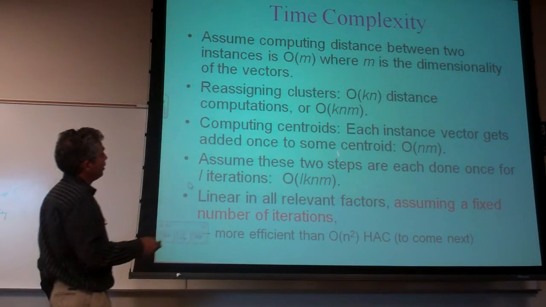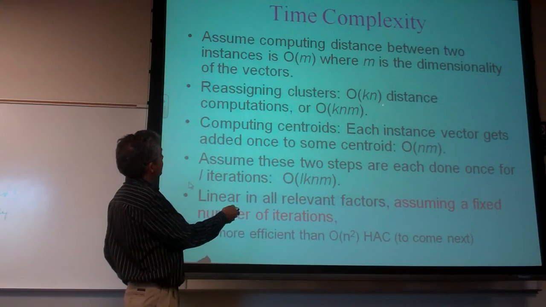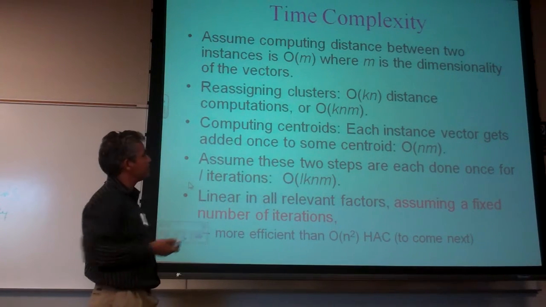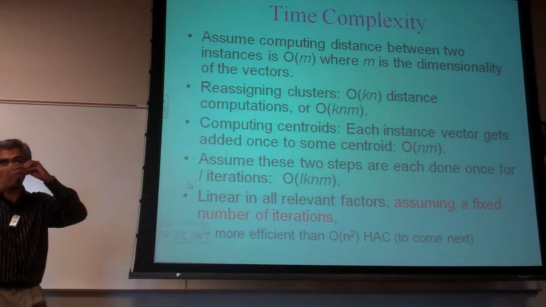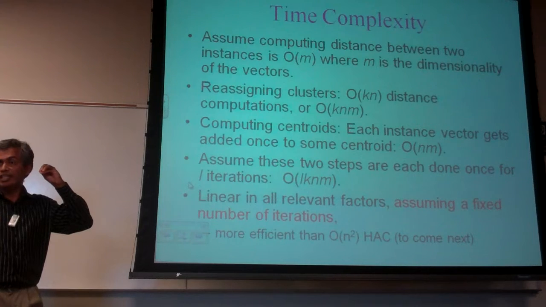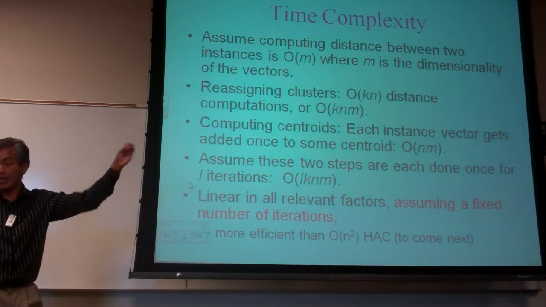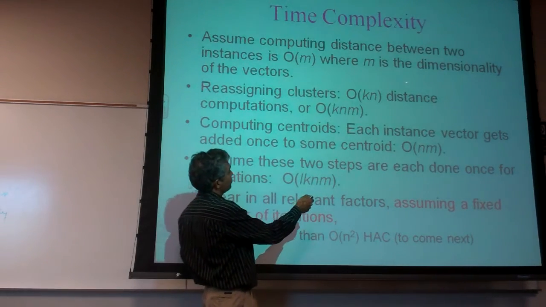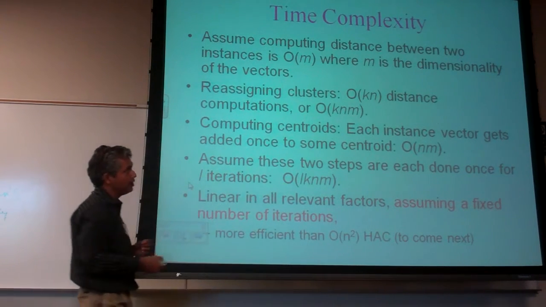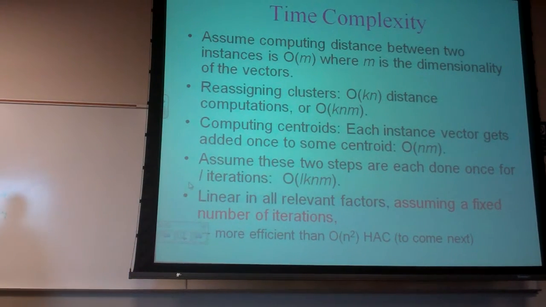Then reassigning clusters would require kn distance computations. K is the number of clusters, n is the number of points. So each point has to compute its distance to centroids and then decide. Okay, so there's kn distance computations. Each distance computation is O(m), so k n m.